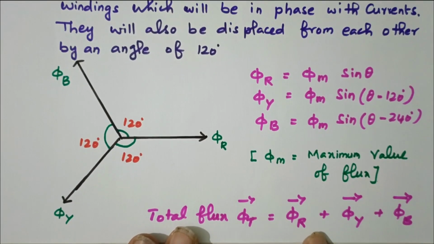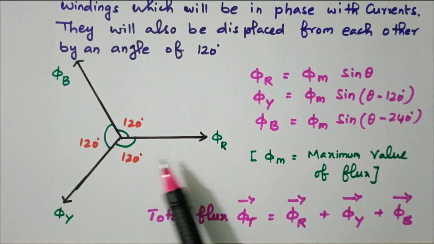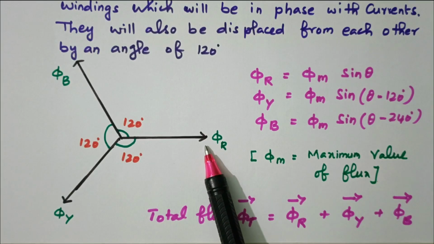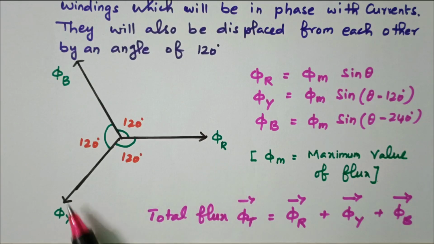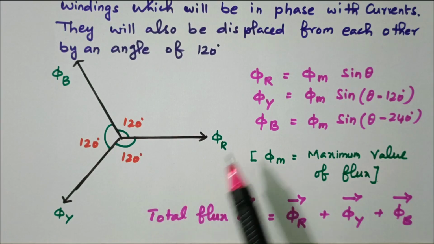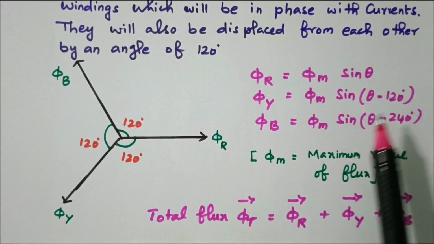Phi R, phi Y, phi B. So R phase, Y phase, B phase. The current IR flowing through the R phase produces the flux phi R. Phi Y and phi B are also displaced by 120 degrees. That equation we can write: phi R equals phi m sin theta, taken as reference.